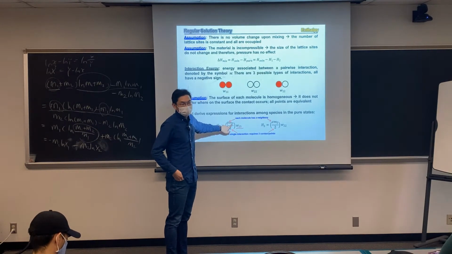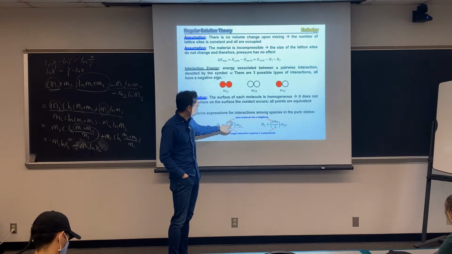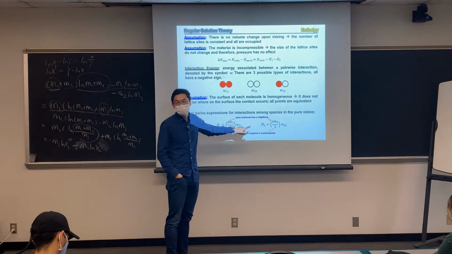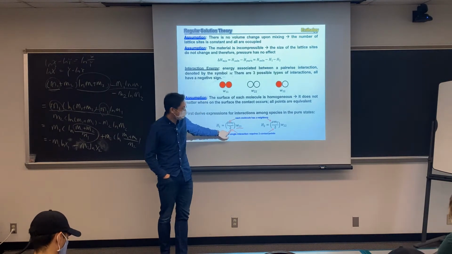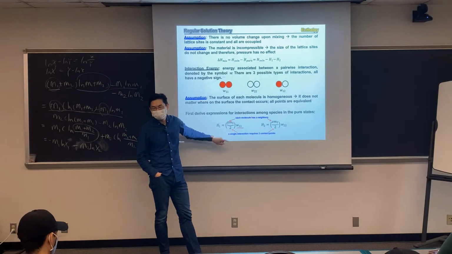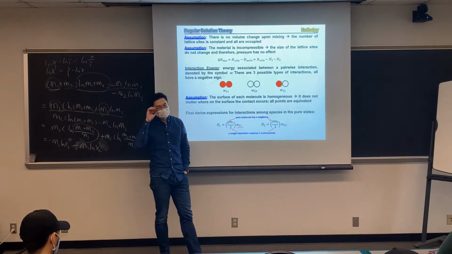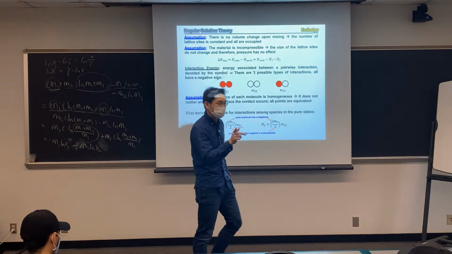N1 is the number of molecules in the system. So you count how many molecules you have, multiplied by how many interactions there are between you and your neighbors. Does that make sense? But what does this 2 do here? The interaction is between two molecules, so there's some duplication.